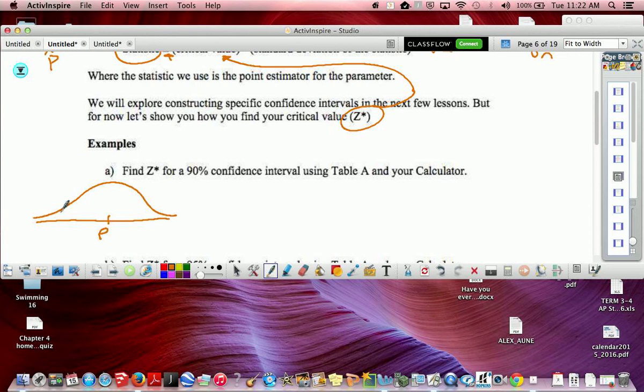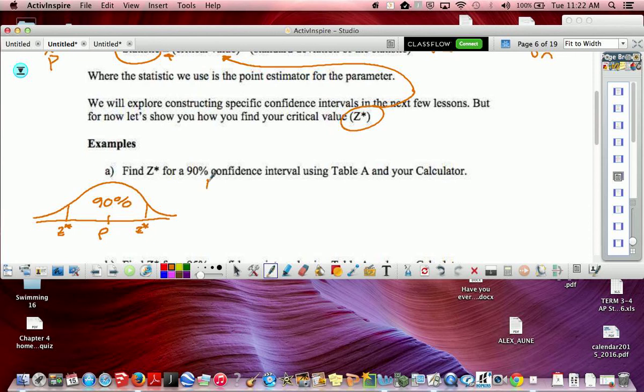What I want to do is figure out where 90% of these values are located. So I'm looking at where this z-star is located. One of the ways I can do this is by looking at a table.